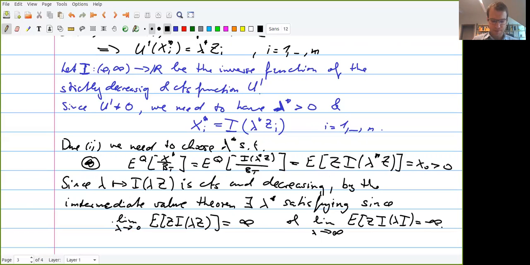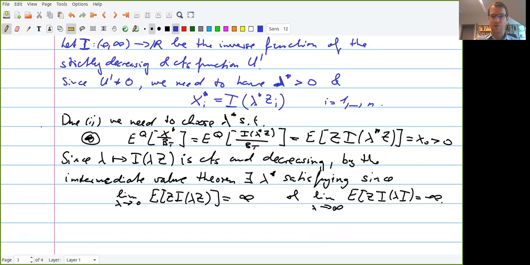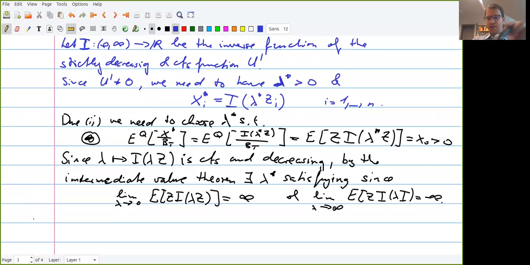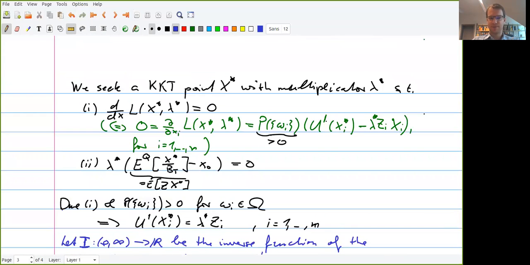Okay, so basically we can now put our findings into a proposition which tells us we can really solve the original problem. Basically what we have seen now is that we can solve the auxiliary problem. There exists a lambda star and an x star which fulfill our KKT conditions.